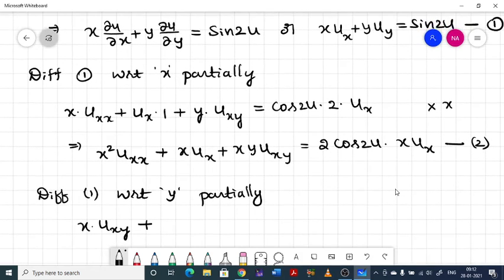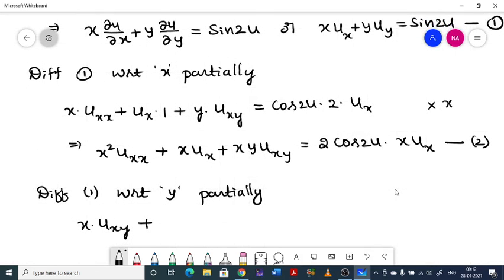So y into uy you have, so y into derivative of uy, that is u double y, plus uy into derivative of y, 1, equal to derivative of sin 2u, that is 2 cos 2u into derivative of u, dou u by dou y.